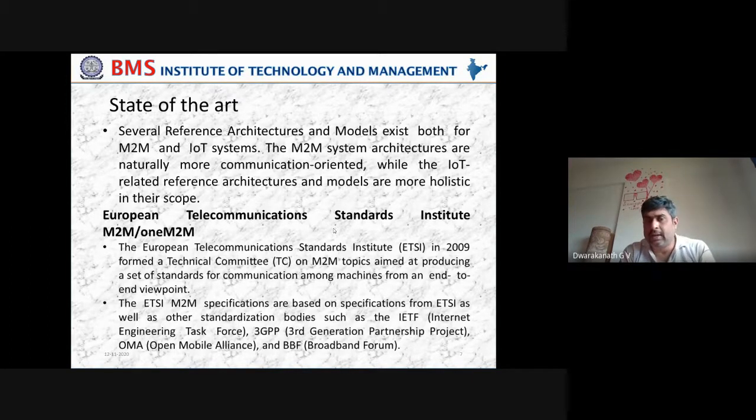Then 3GPP, that is the Third Generation Partnership Project. OMA, Open Mobile Alliance, is needed for how a mobile architecture should work. And the Broadband Forum, that is BBF: how broadband connectivity should be given, how internet protocol should be used. Combining all these things with machines, ETSI has borrowed all of this and made one standard specification for M2M.